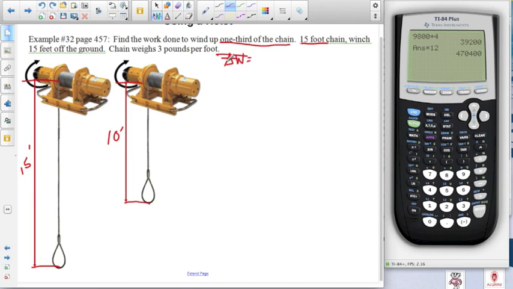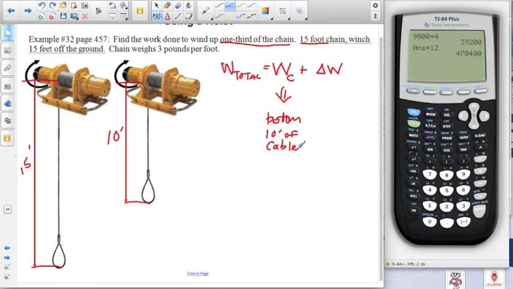We'll talk about the constant portion first. The total work then is going to be this constant portion plus this incremental portion. This constant portion comes about from the bottom 10 feet of cable, because that bottom 10 feet is just literally being lifted straight up into the air.